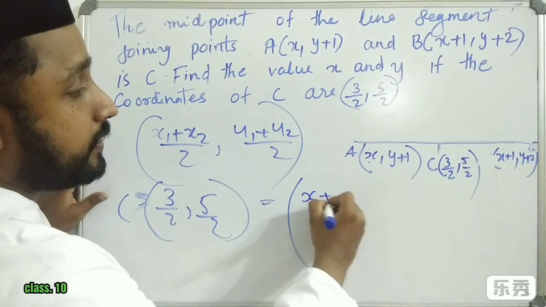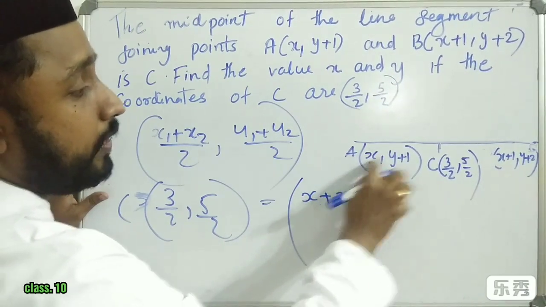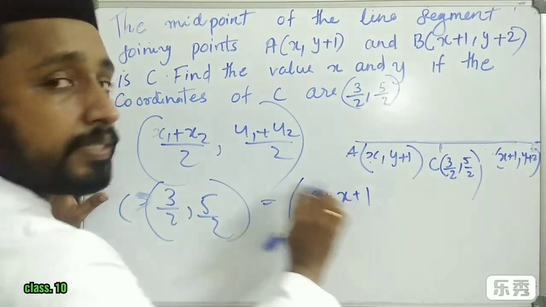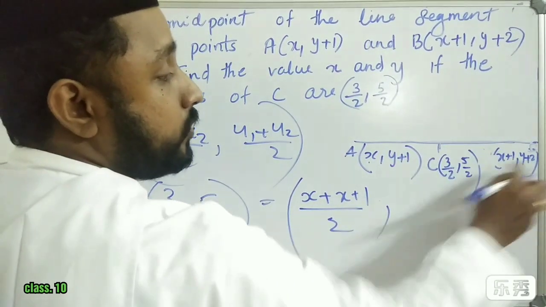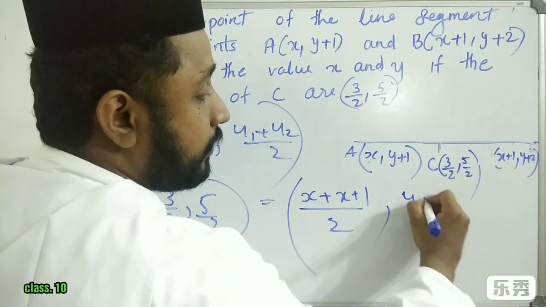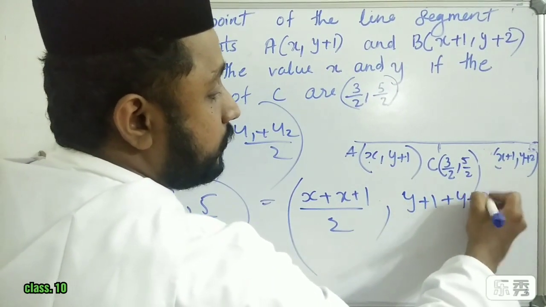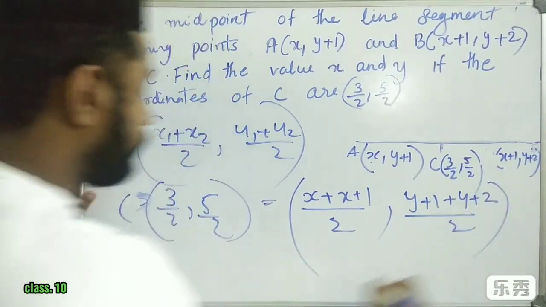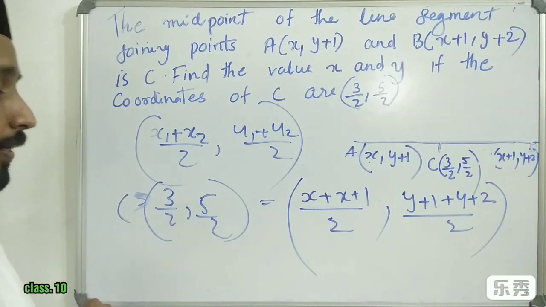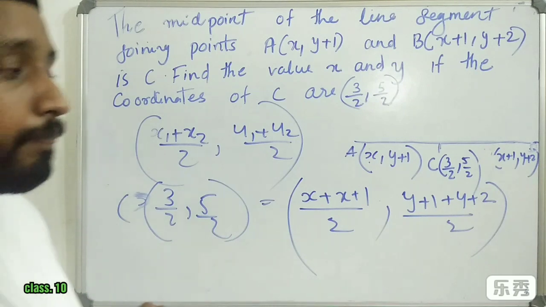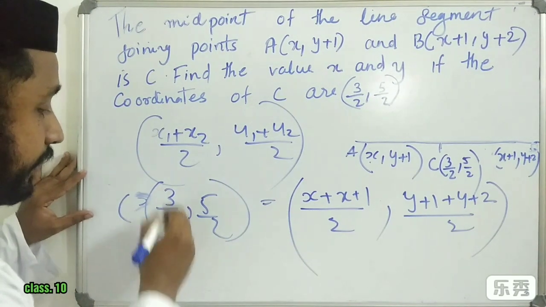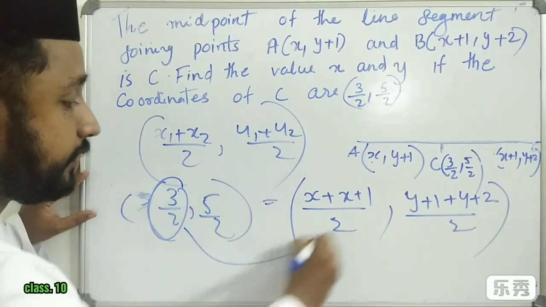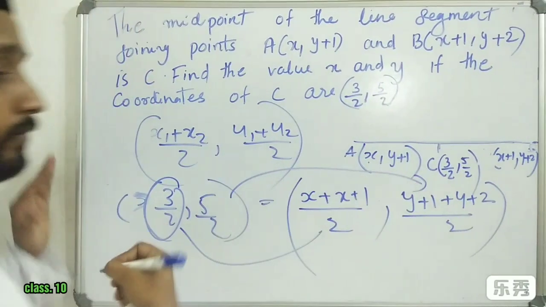So x1 plus x2 is x plus x plus 1 by 2. And y1 plus y2 by 2, that is y plus 1 plus y plus 2 by 2. So C, 3 by 2, 5 by 2, is equal to x plus x plus 1 by 2, y plus 1 plus y plus 2 by 2. That is, 3 by 2 is equal to this and 5 by 2 is equal to this.